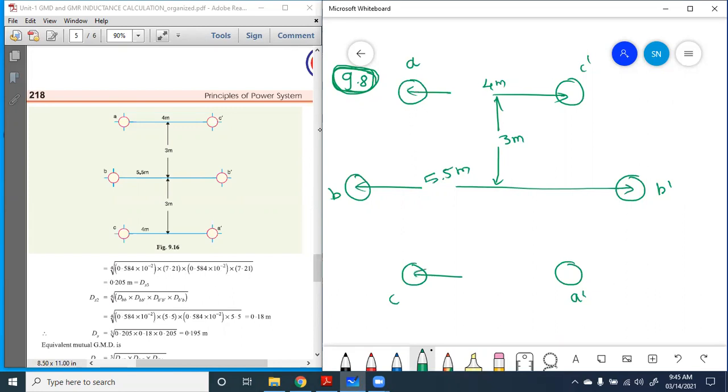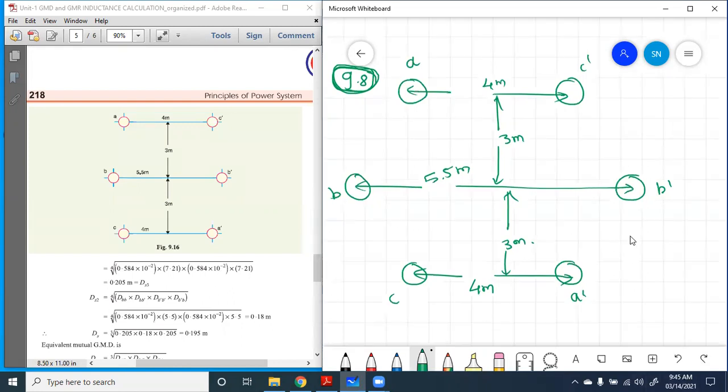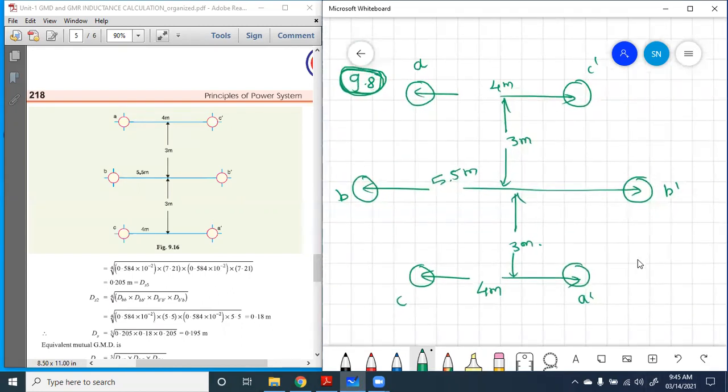Similarly, the distance between C and A dash is again 4 meter, and the horizontal distance between B dash and C, A dash is again 3 meter. Now this is the configuration. This is an unsymmetrical configuration; such a type of conductor configuration is unsymmetrical.